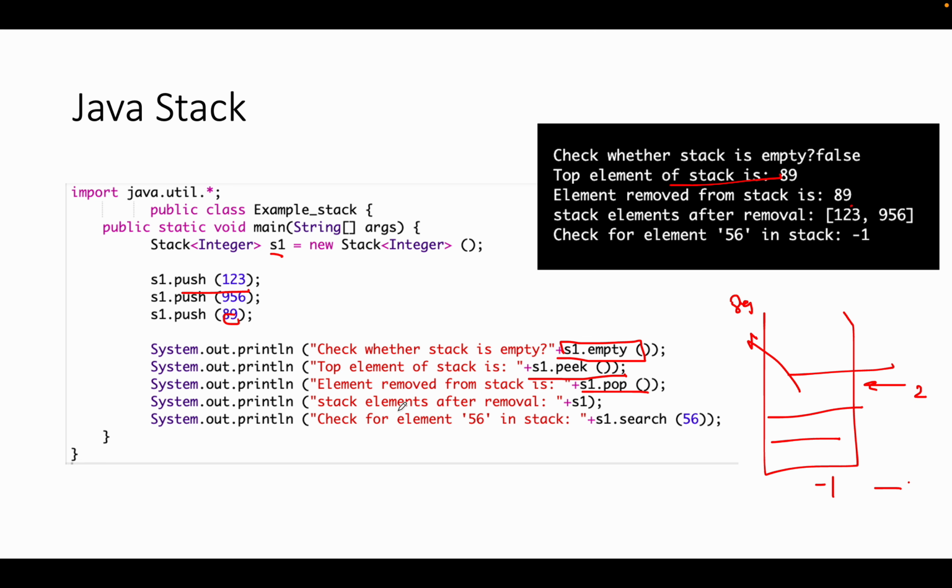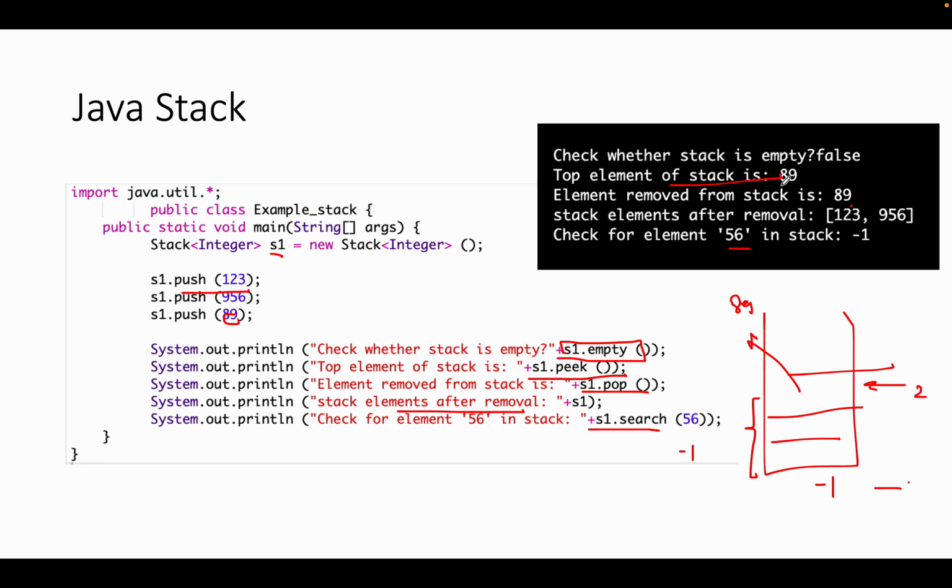And then what remains in the stack is 1, 2, 3, 9, 5, 6. When we search the stack, for example for 56, there is no 56 in the stack, so the value returned is -1, just that.